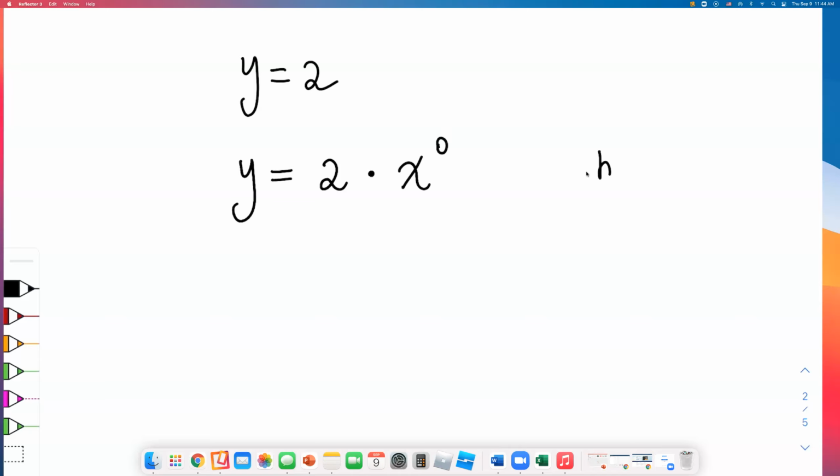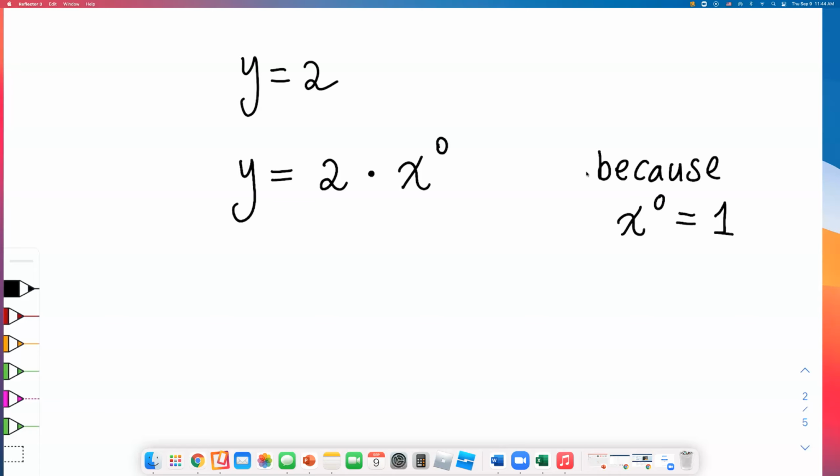Okay, let y be 2. If y is equal to 2, and I really like this power rule so that I want to apply this, well, I can rewrite this as y is 2 times x to the 0 power. Isn't that true? Because x to the 0 power is equal to 1. They're the same, right?